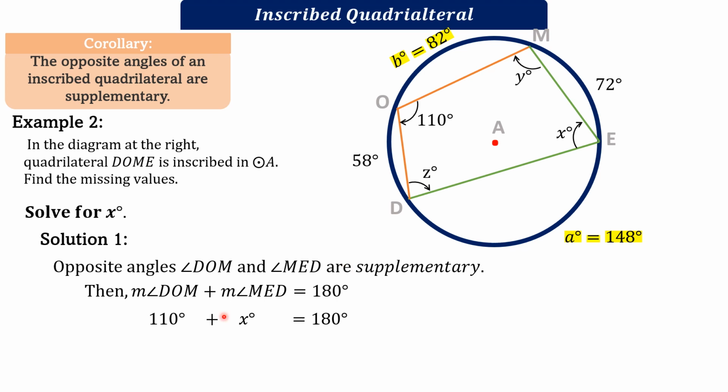If they are supplementary, their sum is equivalent to 180 degrees. Angle O or angle DOM is 110, and angle E or angle MED is X. By applying the additive inverse, therefore, X is equivalent to 180 minus 110. X is 70 degrees, which is the equivalent measure of angle MED.